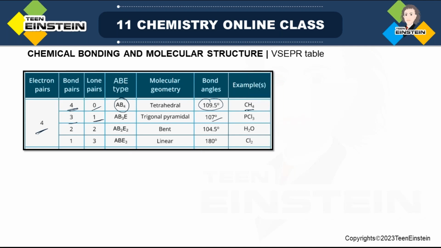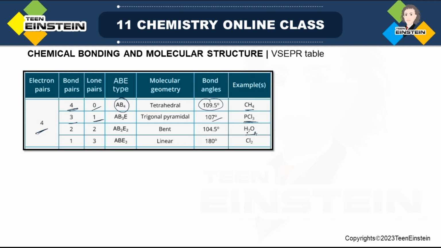Corresponding examples you can also see. Here you can find similarity with the formula AB4. A is carbon, B is hydrogen, AB4, CH4. Then you can find similarity of formula PCl3, AB3E. There is actually a lone pair, but we cannot write that in the formula. So PCl3 means AB3.